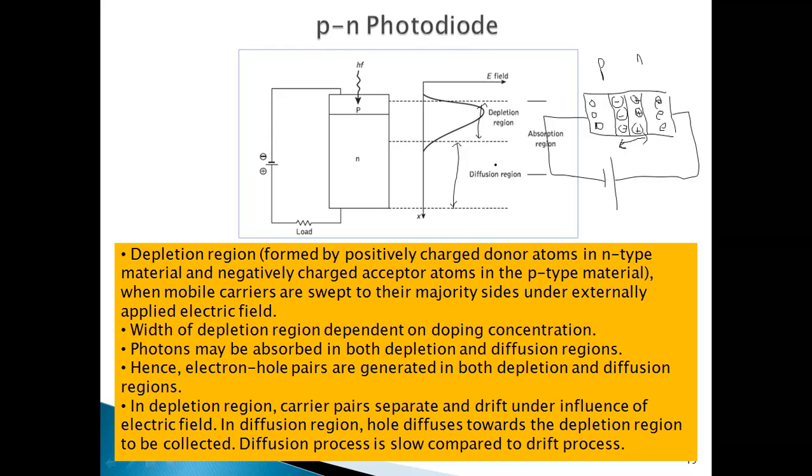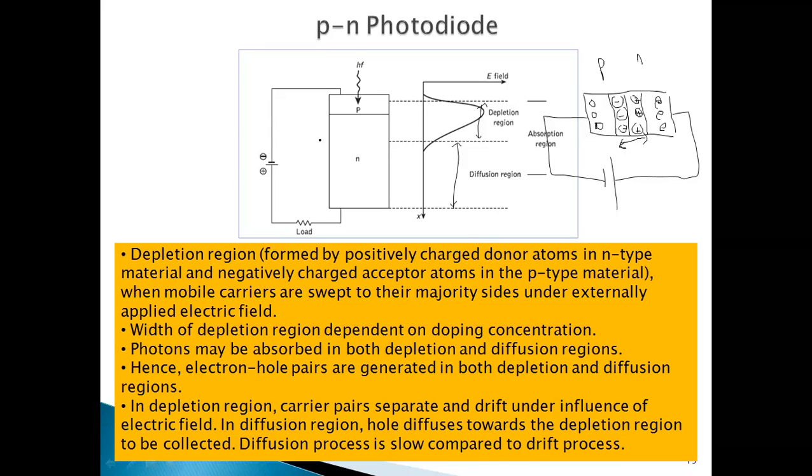So in the depletion region, as what we have learned from the previous case, the carrier pairs are separated, or drifted, under the influence of the electric field, the influence of this reverse bias field. So when we have a reverse bias, we have an electric field, negative and positive, and as such, these particular carrier pairs will be drifted under the influence of this reverse bias voltage.